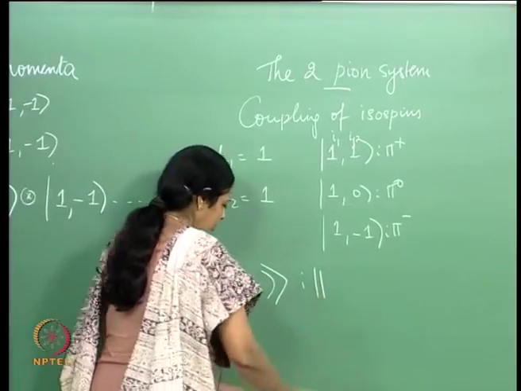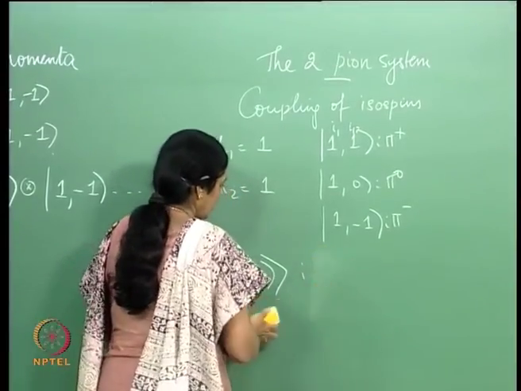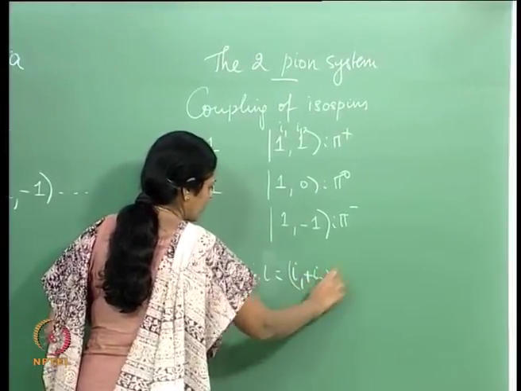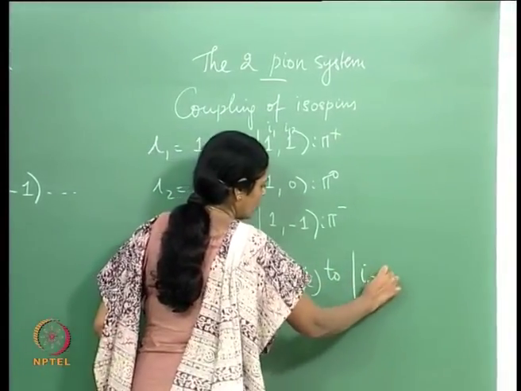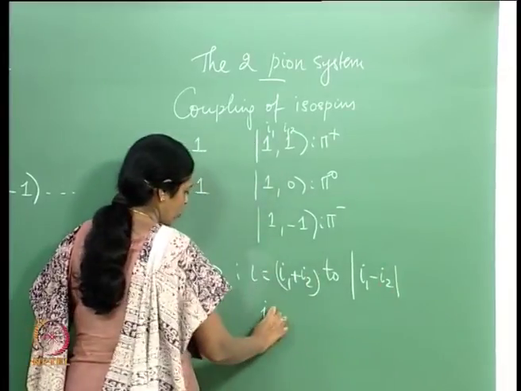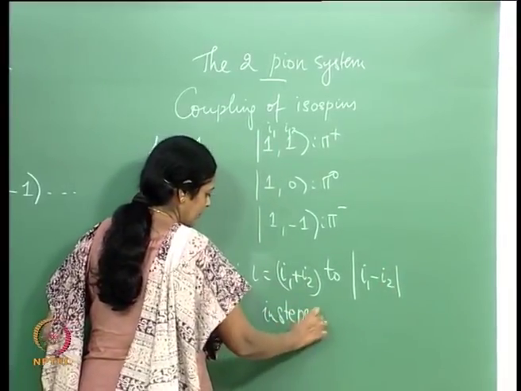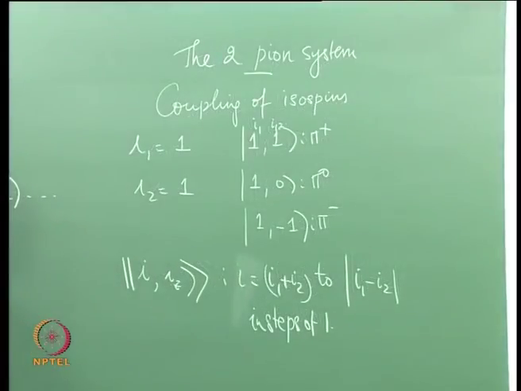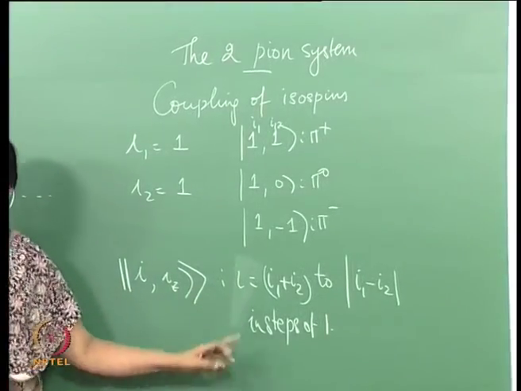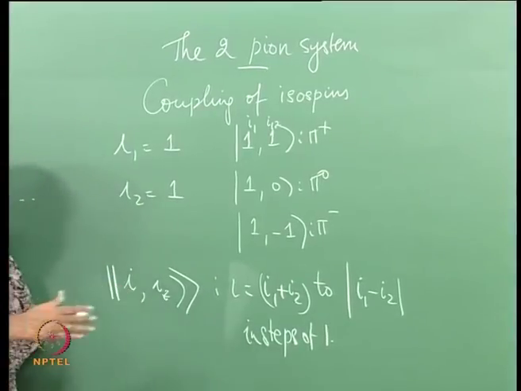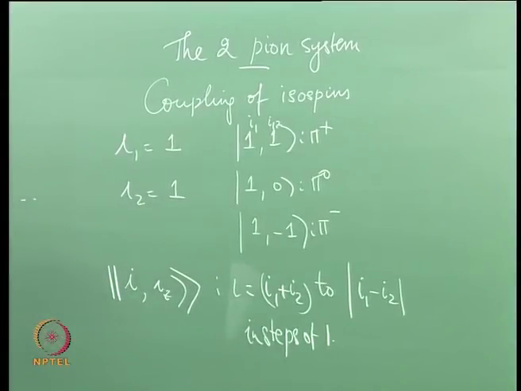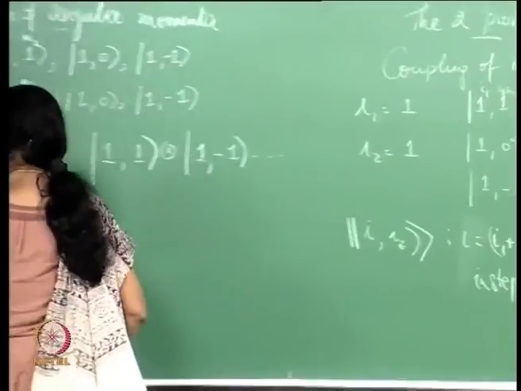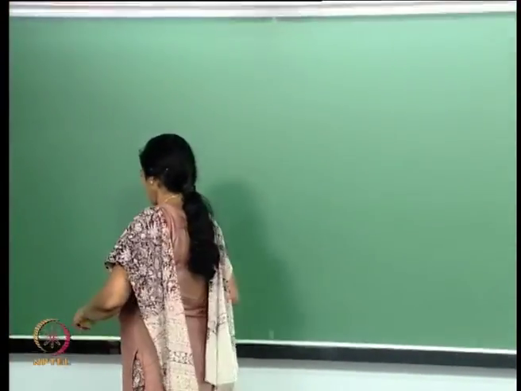I itself takes values I1 plus I2 to modulus of I1 minus I2 in steps of 1. And for a given value of I, Iz takes values minus I to plus I in steps of 1, and that is 2I plus 1 values. So now let us look at the various coupled states in the 2-pion system.